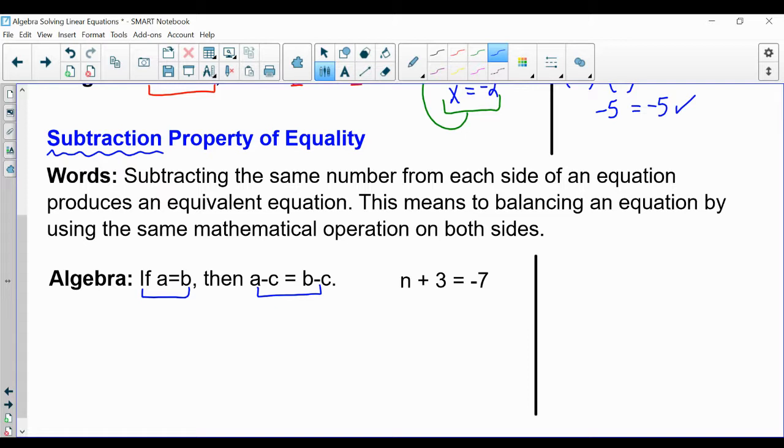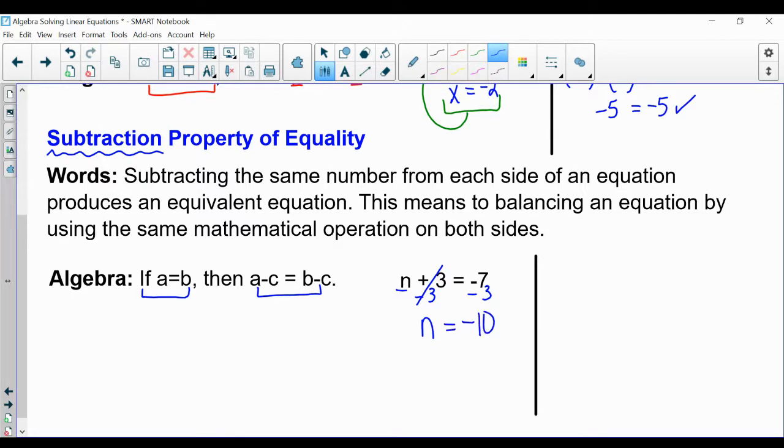I want to move that to the other side because I want to isolate my n, get that n by itself. So I'm going to do my inverse operation, the subtraction property of equality. That makes this 0, it simplifies down. So now I have n is equal to a negative 10.